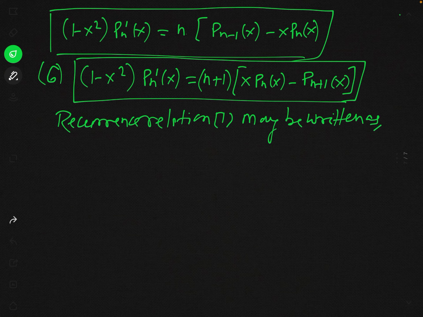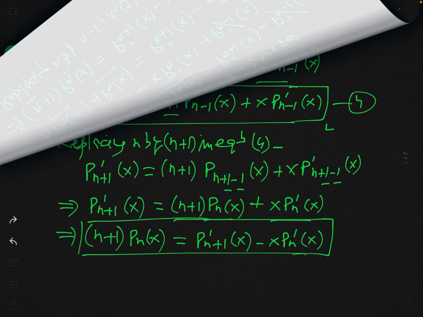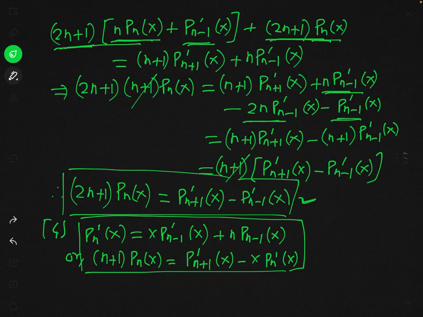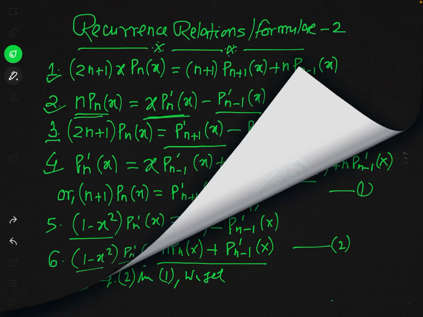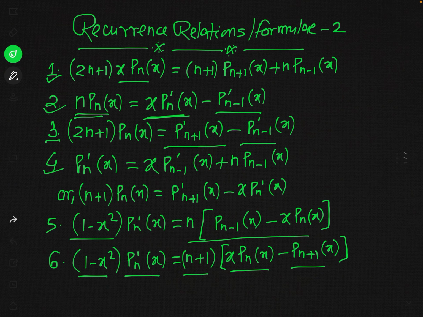So after some simplification, this first recurrence relation can be written as (n+1) x Pn(x) plus n x Pn(x). In fact, you can see in the first recurrence relation there is (2n+1) x Pn(x).